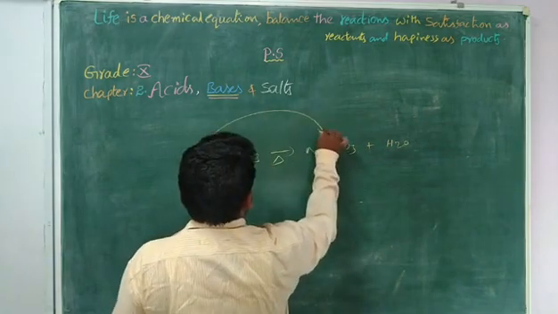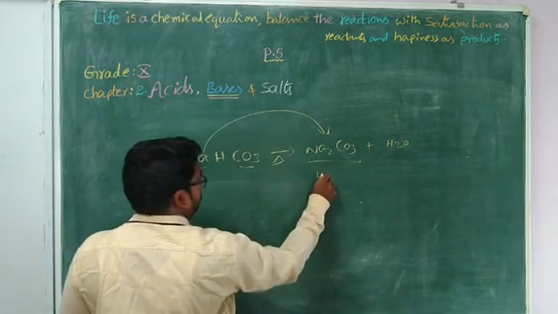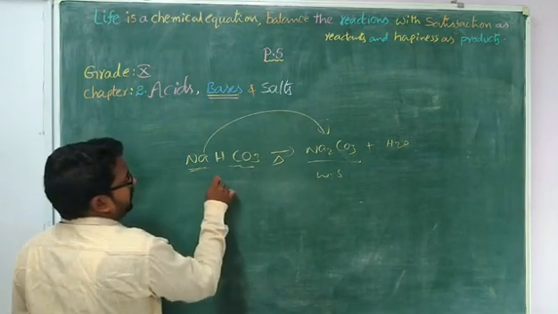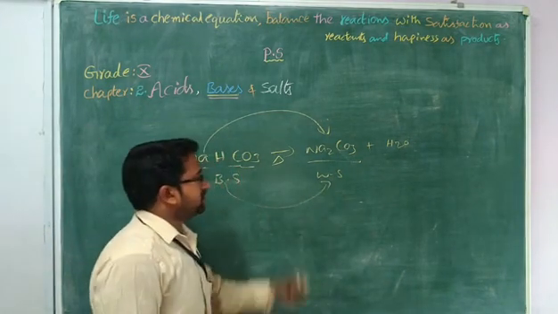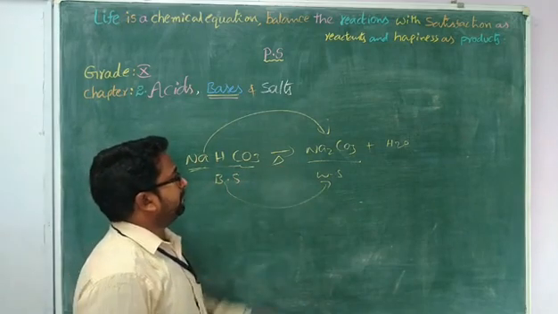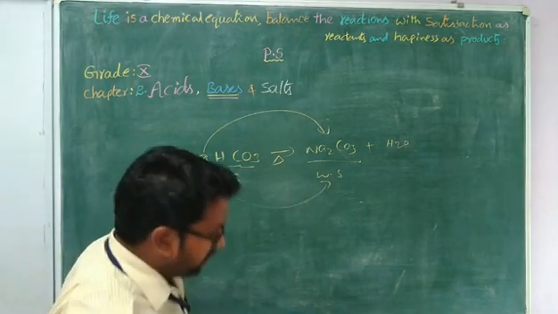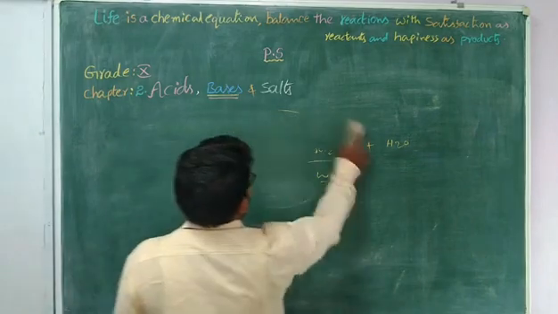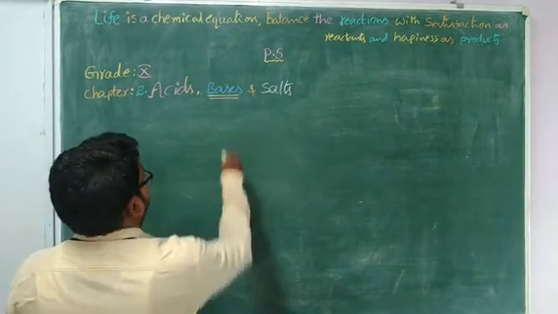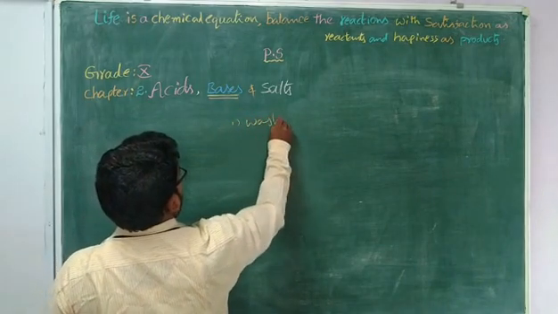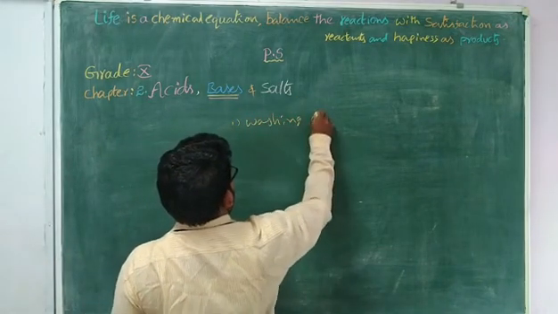So if you want to get sodium carbonate, nothing but washing soda, what do we need? Baking soda. We will get washing soda from baking soda on heating. Uses of sodium carbonate: of course, the first point itself is washing soda, used for washing of clothes.